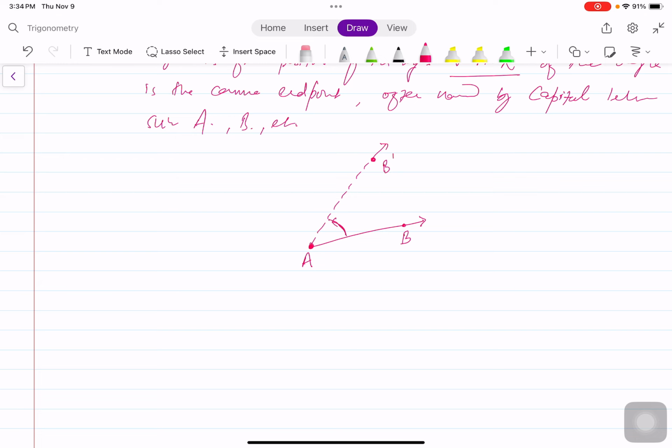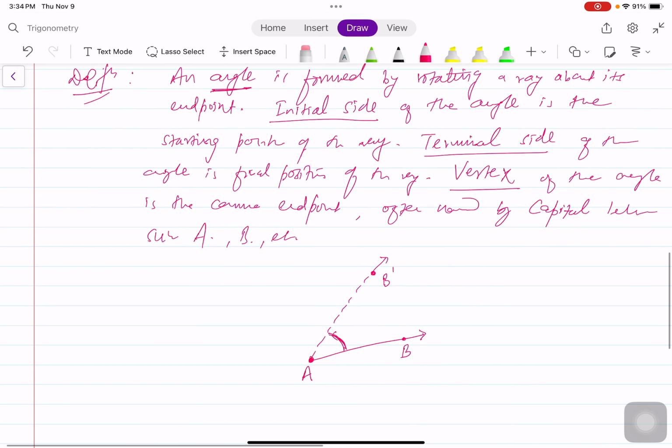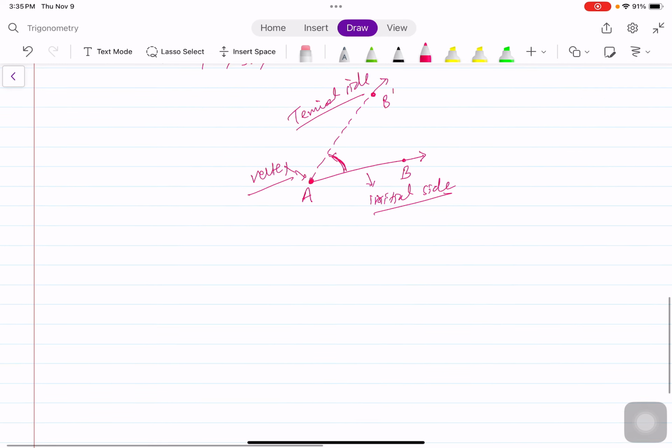Now the angle created here is the angle formed by this rotation. Here this side is called the initial side, whereas this side over here is called the terminal side, and this point here is called the vertex. Initial side, terminal side, and the vertex. The vertex is always denoted by capital letters.